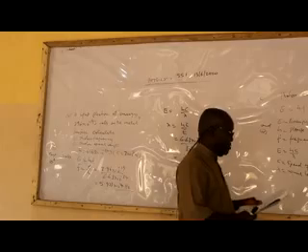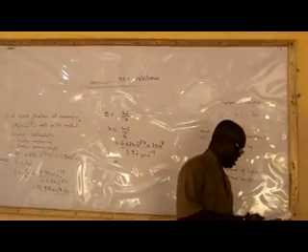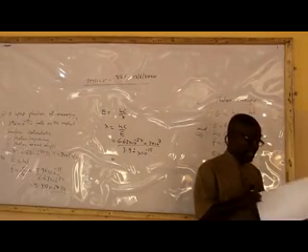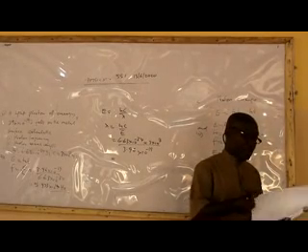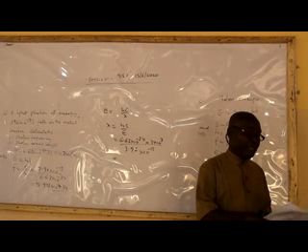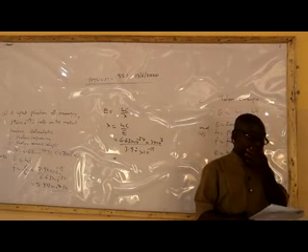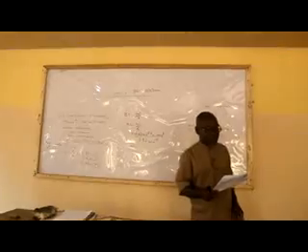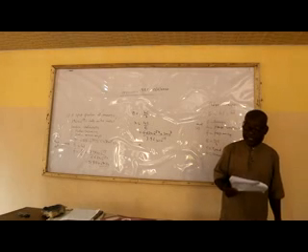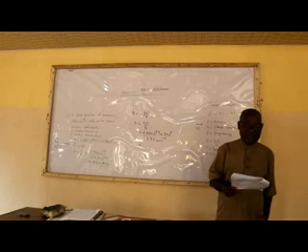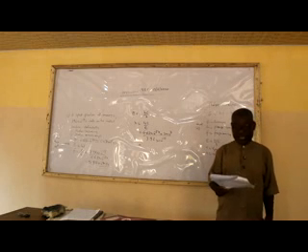But before I stop, let me do a kind of closure. Remember what I said about photon? What you need in this topic is to define photon, know what a photon is, and give the properties of a photon, the particle properties and wave properties.